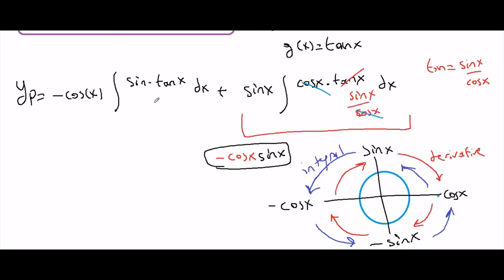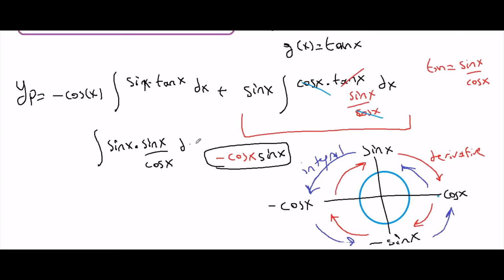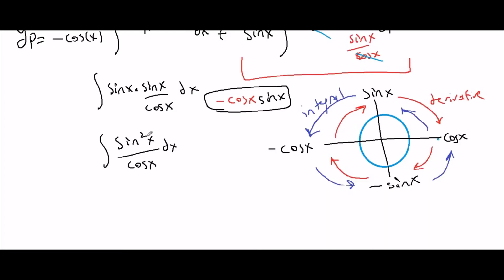From the first part, we're going to express tangent again as sine over cosine. We have sine x here times sine x over cosine x instead of tangent, and we obtain sine squared of x on the numerator and cosine x on the denominator. Now we're going to express sine squared of x as 1 minus cosine squared of x using Pythagorean identity.